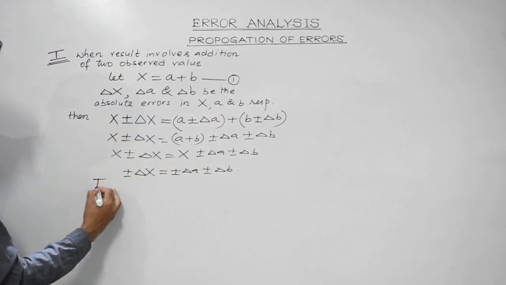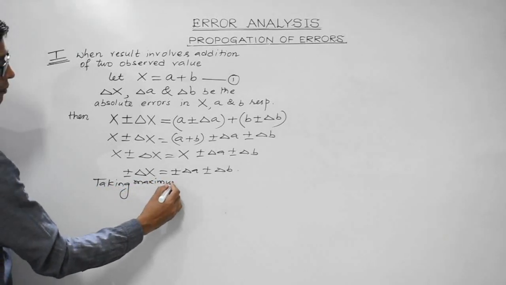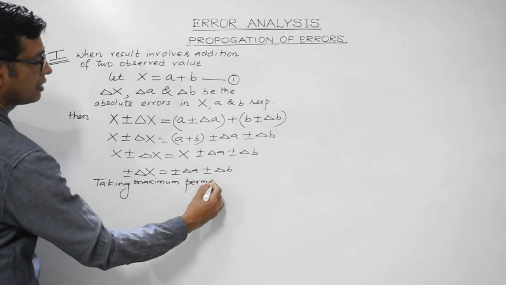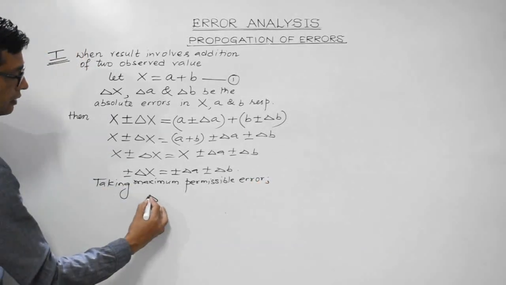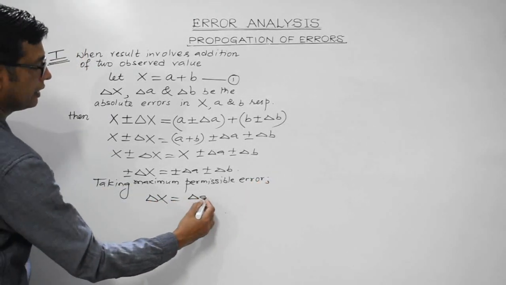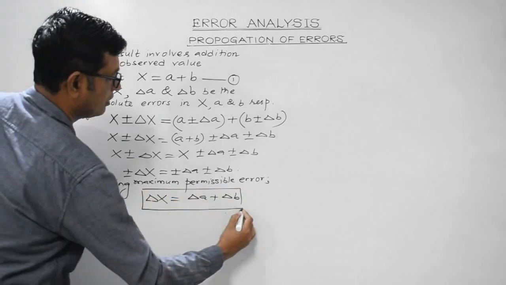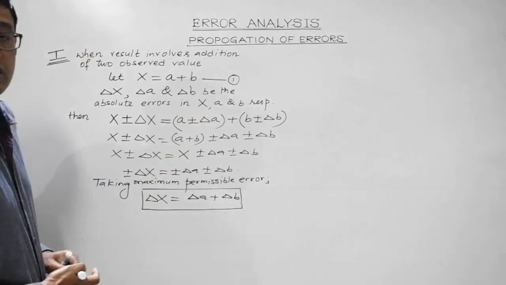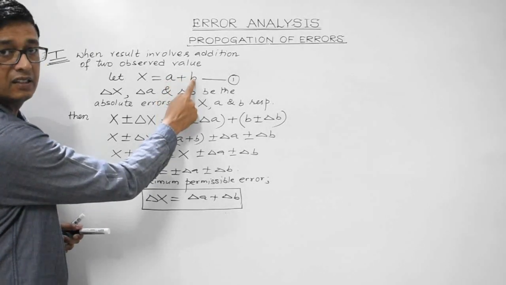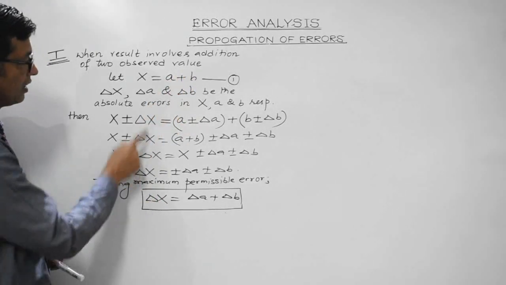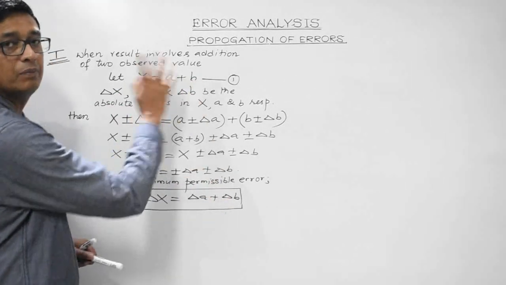So, taking maximum permissible error, what we get is del x equal to del a plus del b. So this is the result. Whenever the result involves the addition of 2 measured quantities, then the maximum absolute error in x is given by the sum of the maximum absolute errors in a and b.